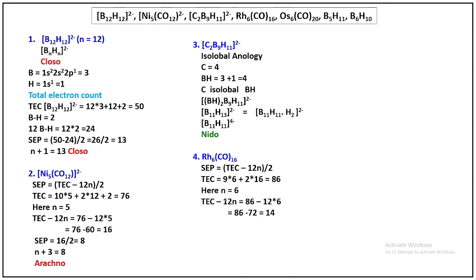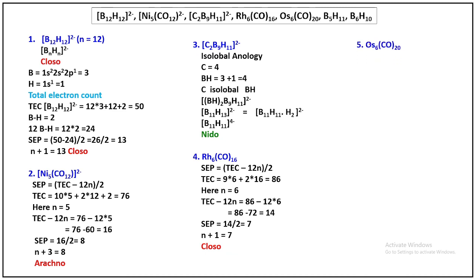Total electron count minus 12n will be 14, and the skeletal electron pair will be 14 by 2, that equals 7. Thus it follows n plus 1 and comes under closo structure.